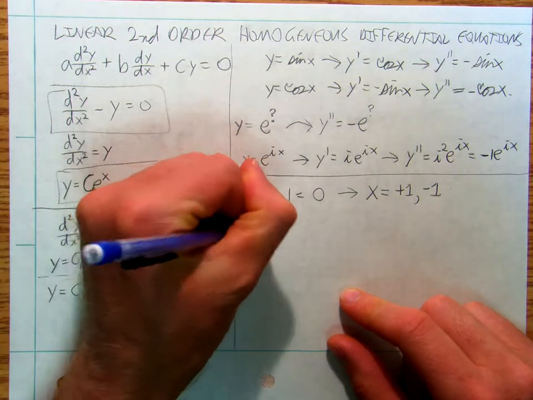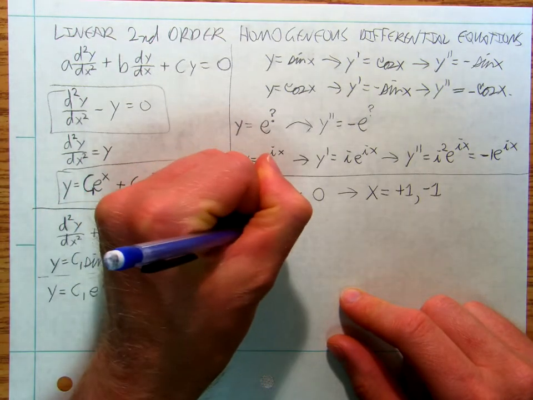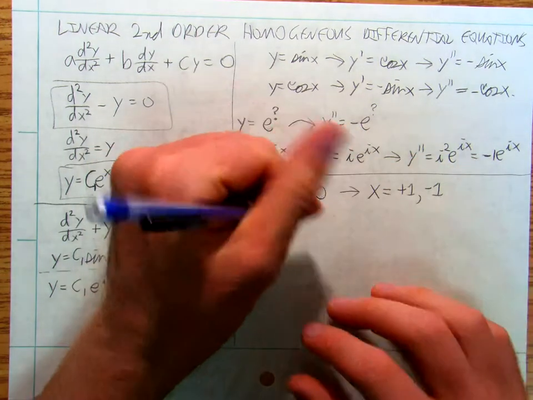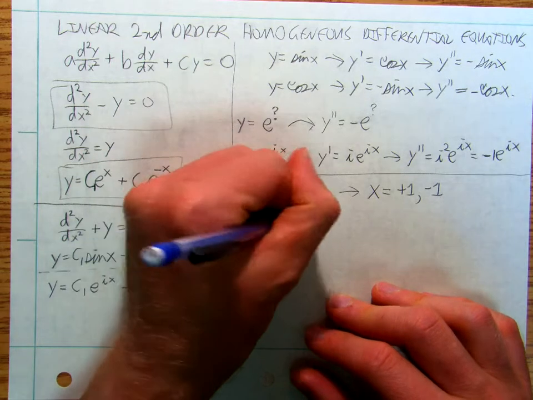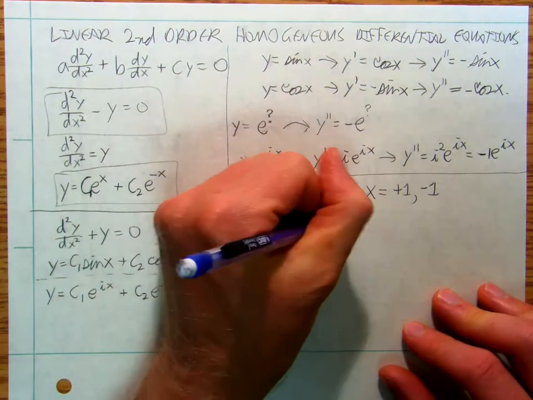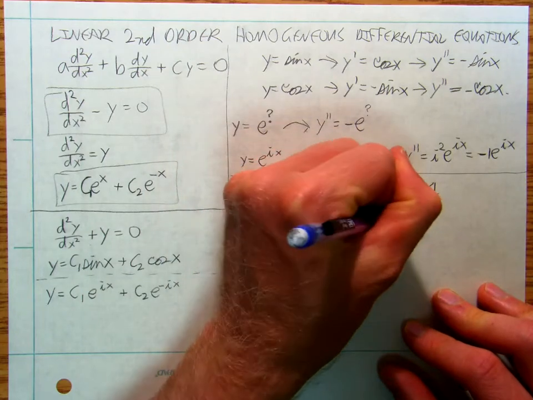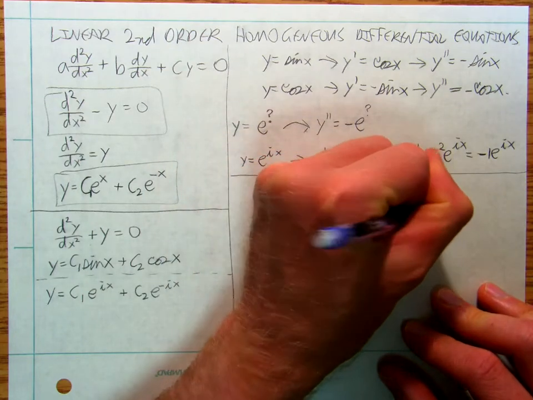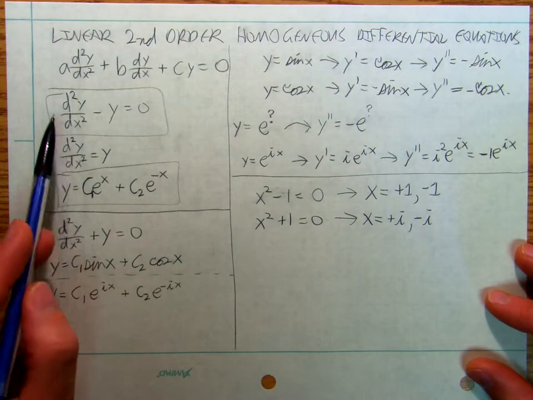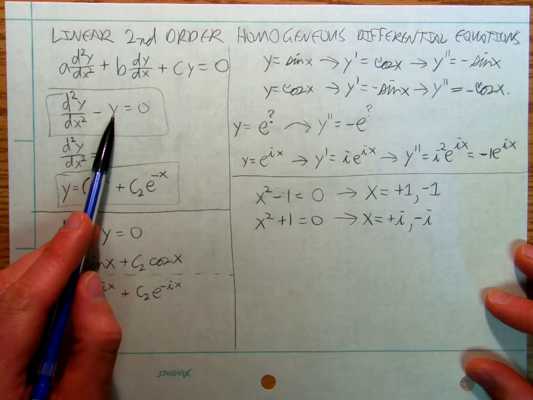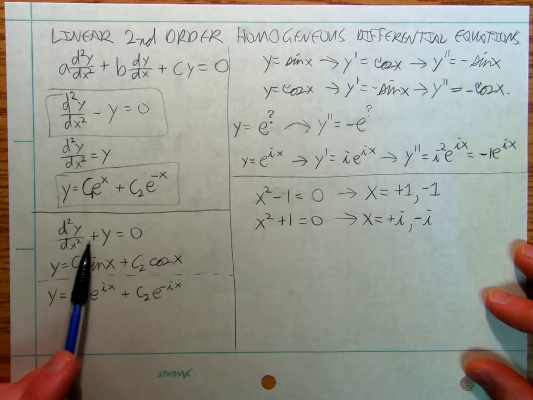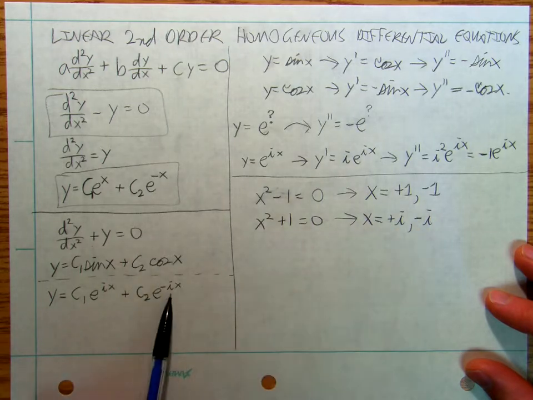If I've got x squared plus 1, the roots of that are going to be x equals plus i and minus i. So in this case, I've got basically x squared minus 1, and I look for the factors of that. And here I've got x squared plus 1, and I look for the factors of that.